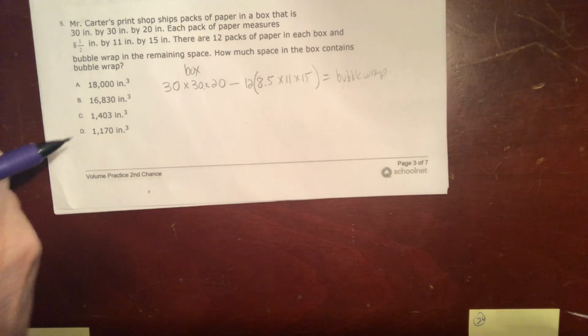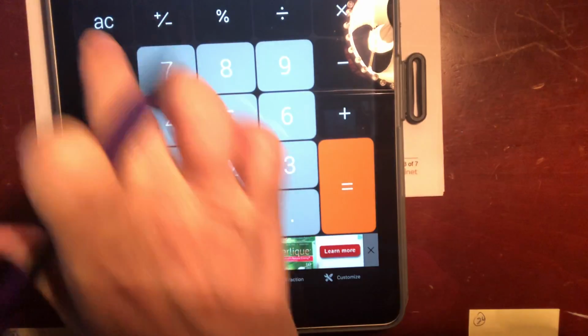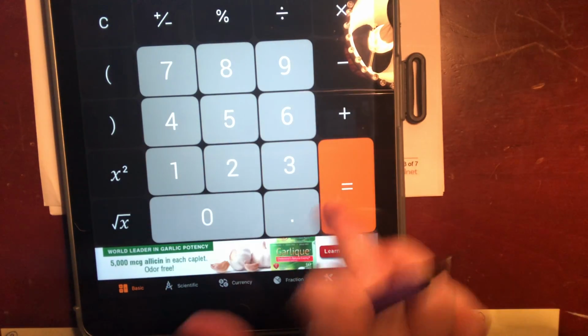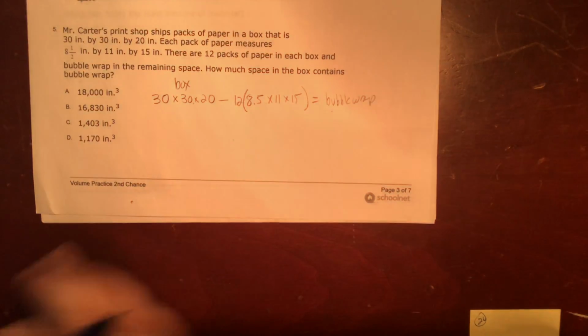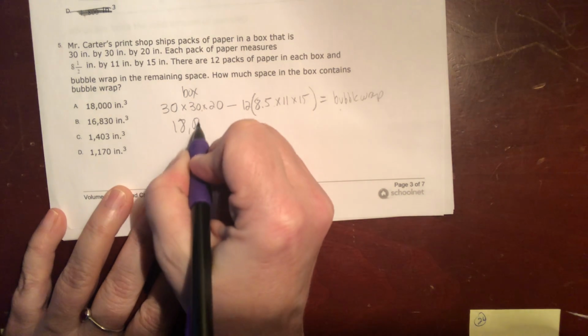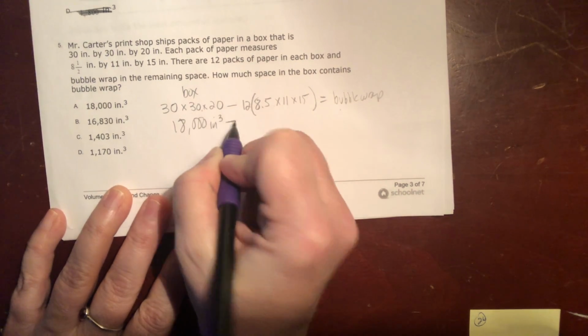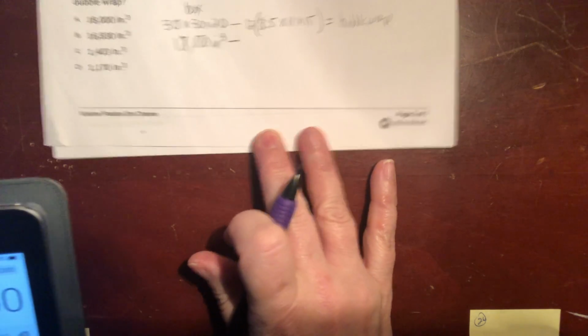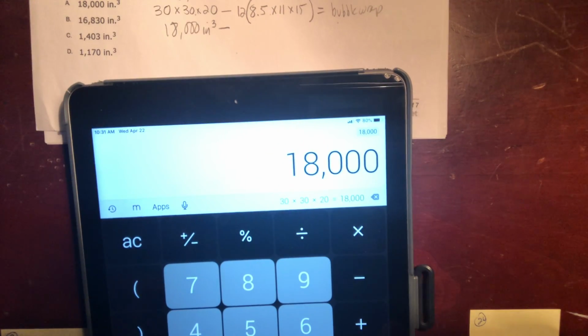All right, so let's do 30 times 30 times 20, which is 18,000 inches cubed. Then we need 8.5 times 11 times 15.